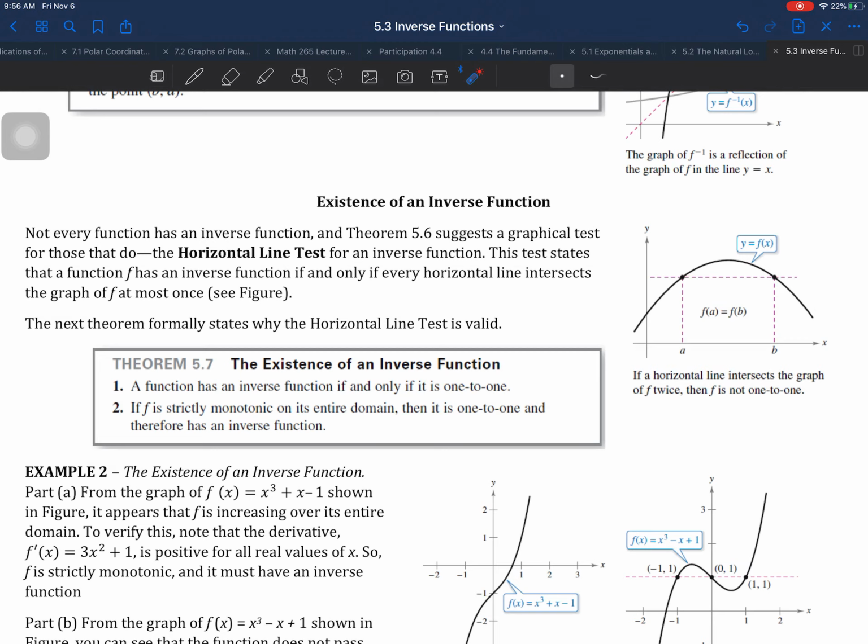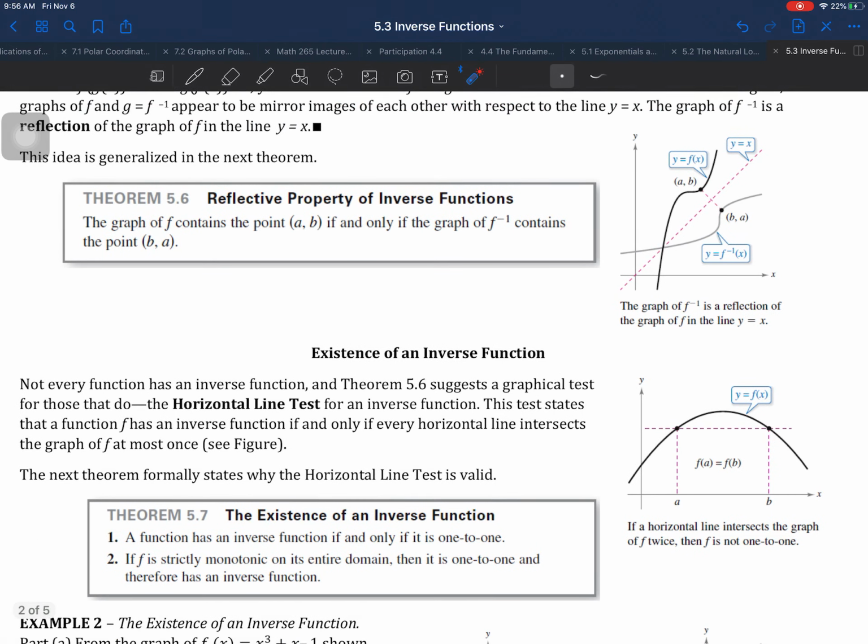So in this example, the function touches the graph twice, so this suggests that it does not have an inverse function.